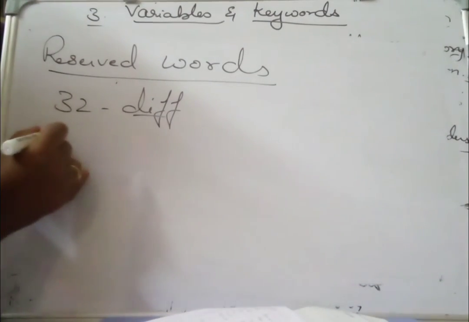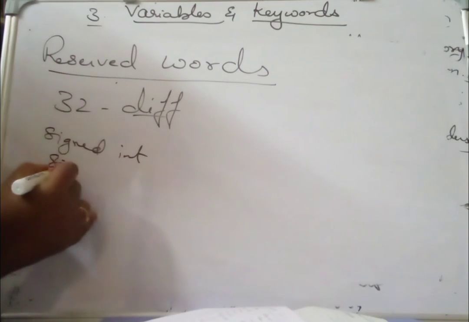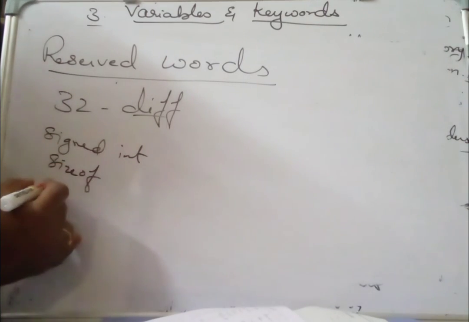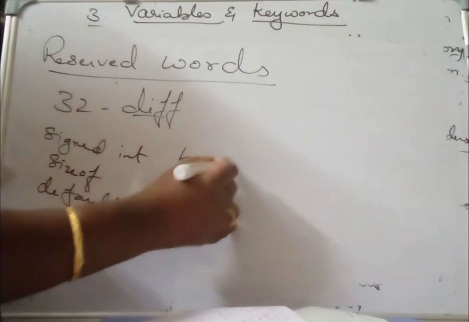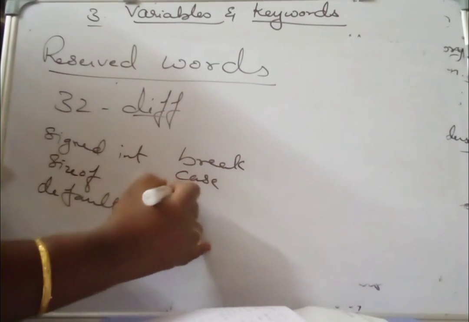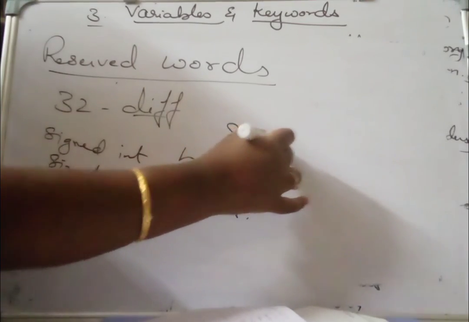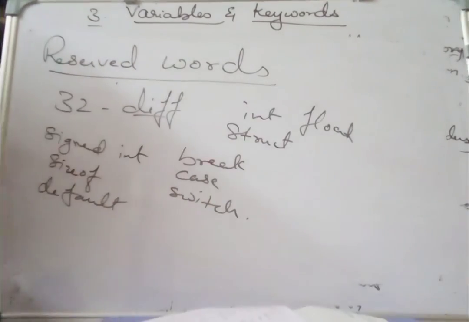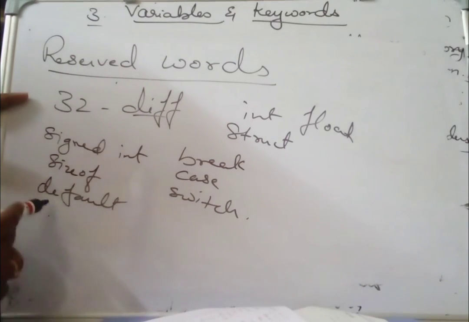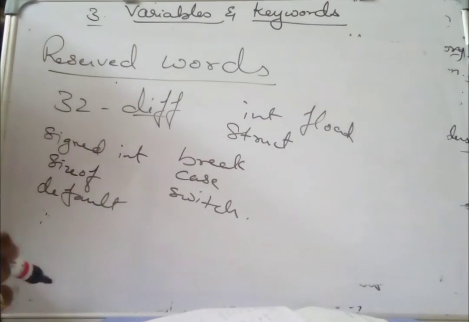For example, we have signed, int, sizeof, default, break statement, case, switch, struct, int, float, char. Like this we have 32 different keywords whose meaning is already predefined. Those keywords or reserved words cannot be used as variables.